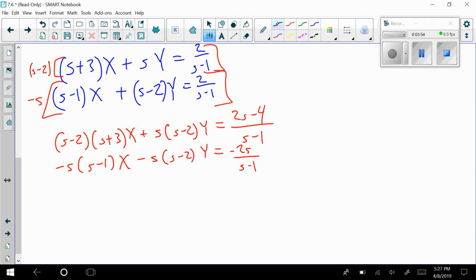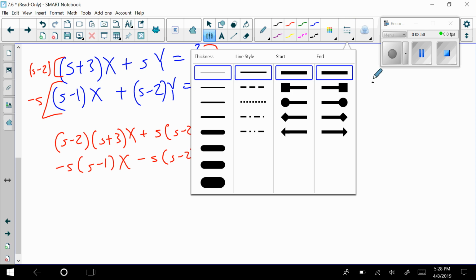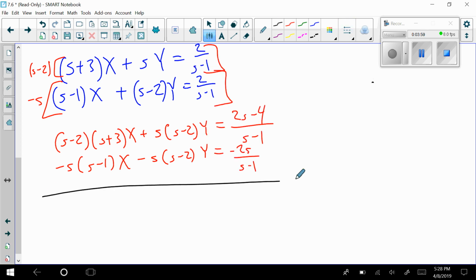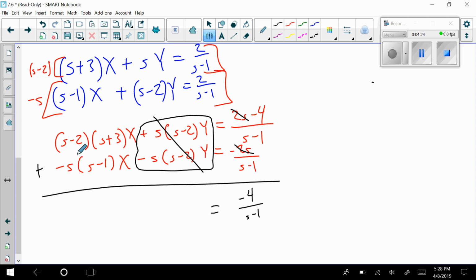Okay, and I feel like we're ready to add these up, which of course the goal is that the Y terms go away. 2s minus 4 plus negative 2s, well, the 2s and negative 2s will cancel out, so I'll just have negative 4 over s minus 1 down here equals, well, what else do I got here?